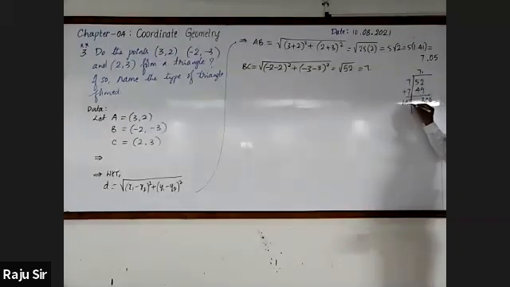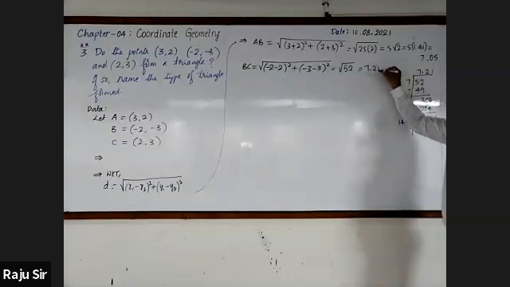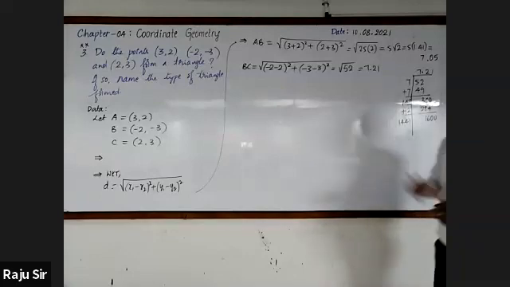Then you can take 142. 142 2s are 284. 300 minus 284 is 16. Again take 2 zeros. 1441 ones are the same. So after this, 2 digits are enough. 7.21.